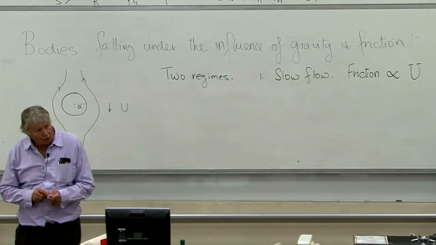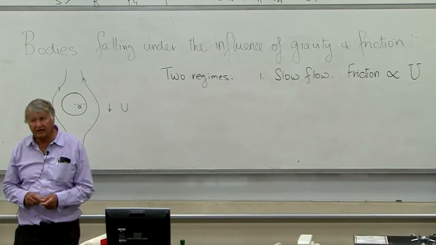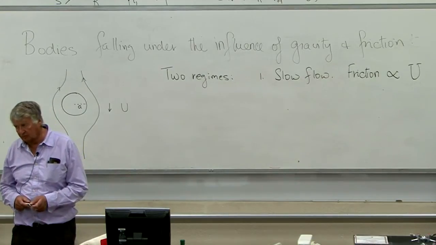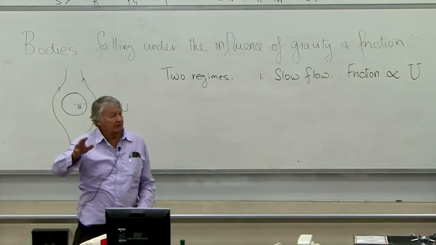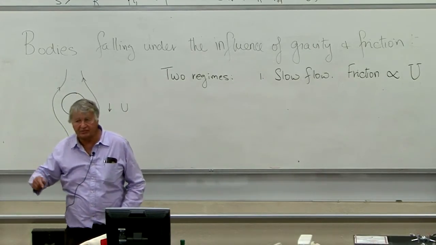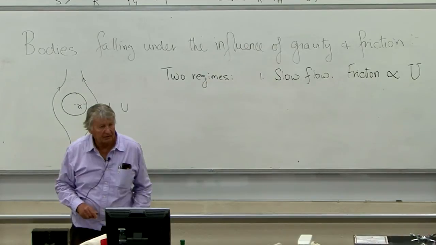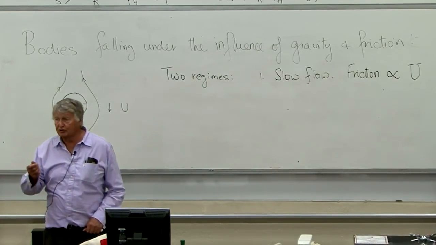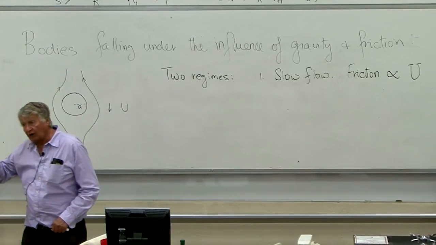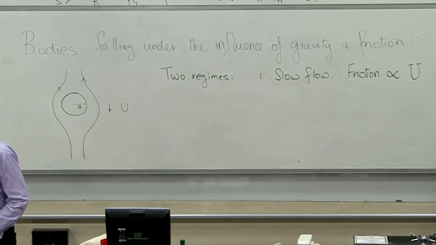Now, slow flow means very slow. But you may say, look, u equals 3 feet per second. Is that slow or fast? Well, I have to tell you with respect to what. So slow means that the falling velocity is small compared to some other velocity dimension. And we're going to learn what that is.